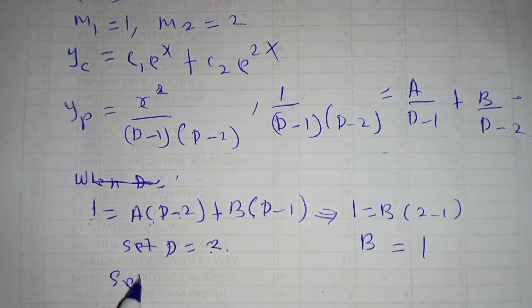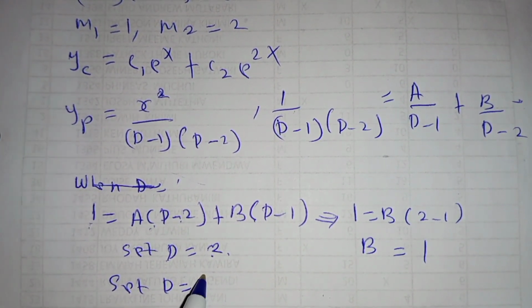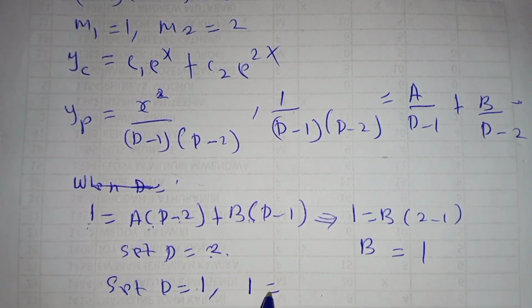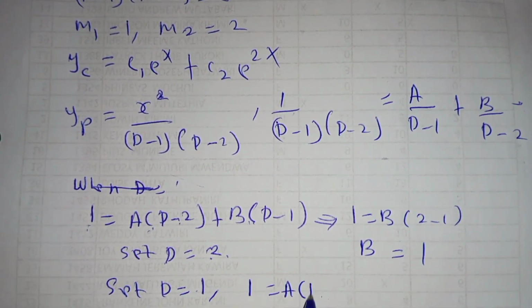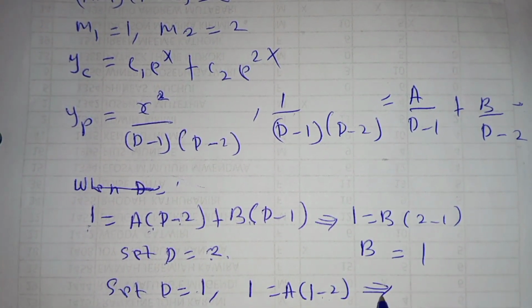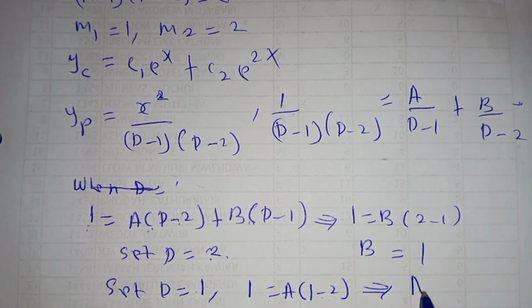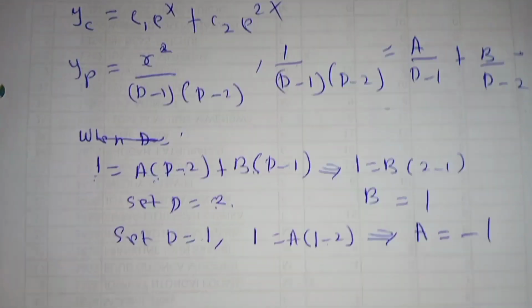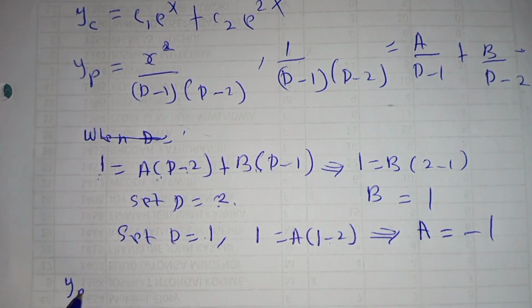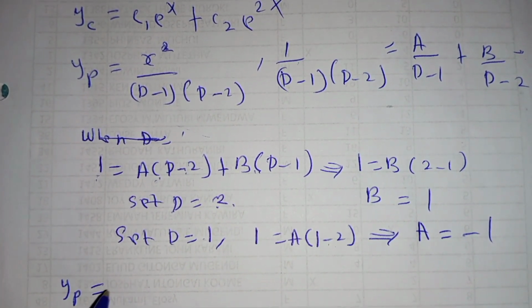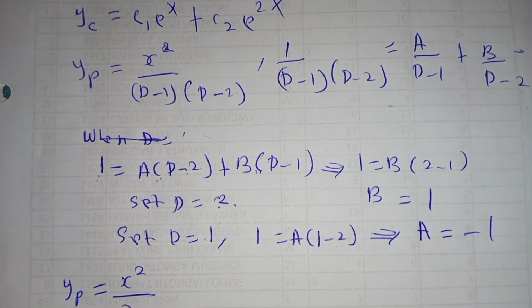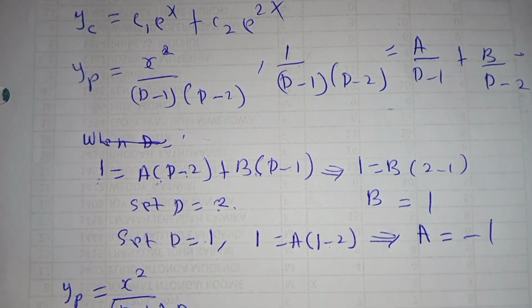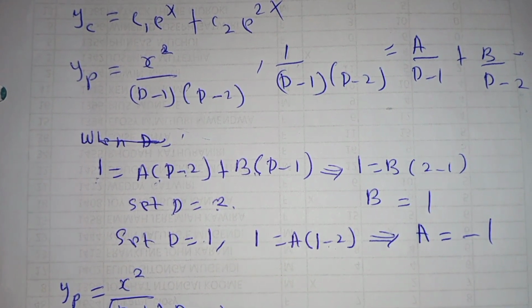Number 2, we set D equal to 1, so that now B becomes 0, so that now we have 1 is equal to A(1 - 2), which implies that A is equal to -1. So yp is equal to x squared over (D - 1) multiplied by (D - 2).